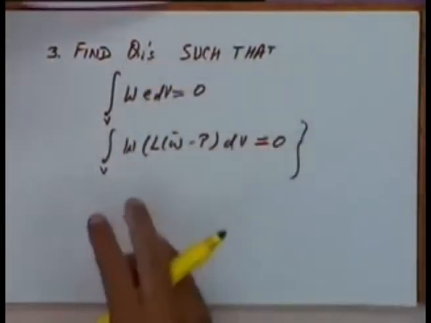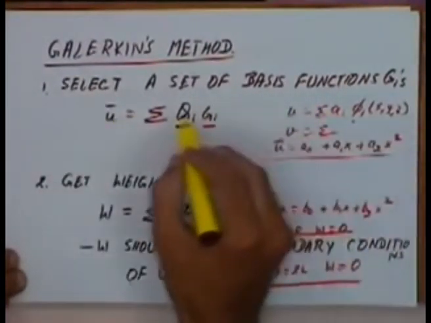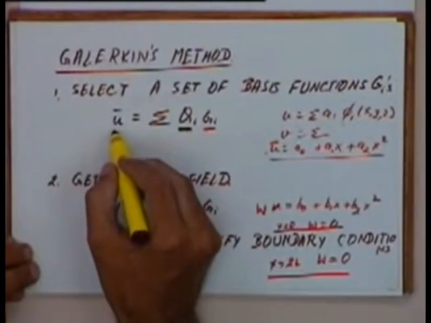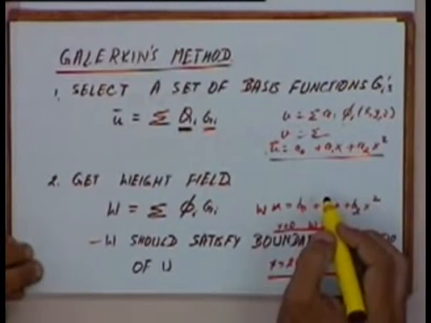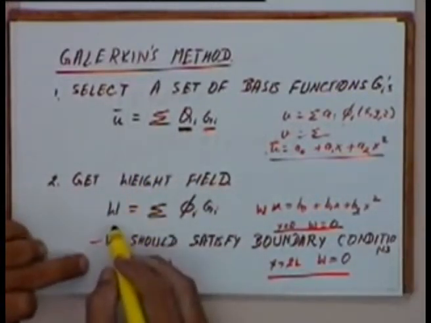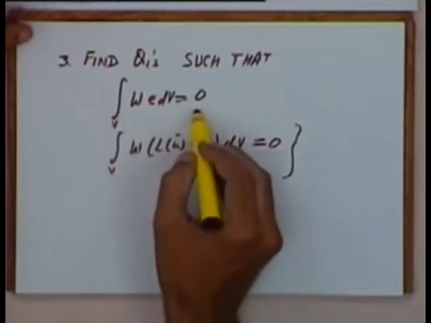So the Galerkin method will consist of these three steps. First is to select a function or a field for u bar, that is, to get an estimate or an approximation of the deformation in the body. Then we get a weight field W, and then we find out the error and put the weighted integral of the error equal to 0.